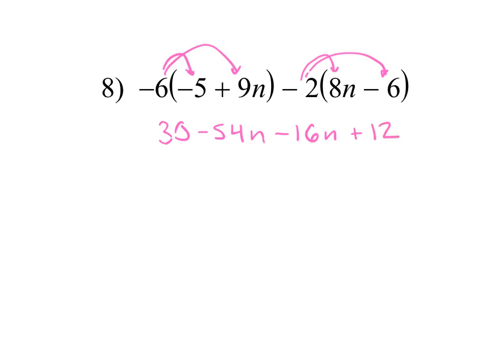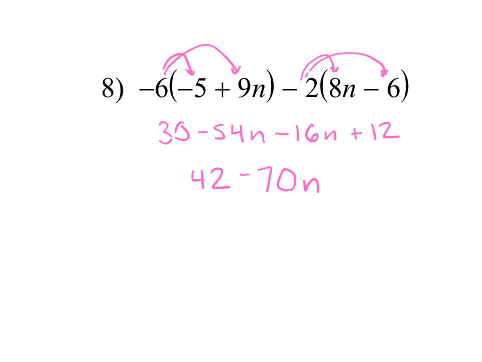So now we combine our like terms. What did you get for the answer for number 8? Positive 42 minus 70n.